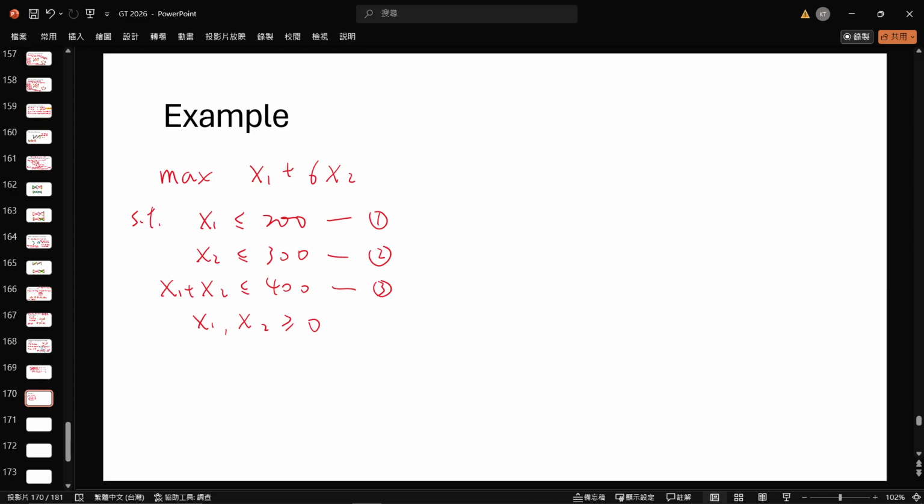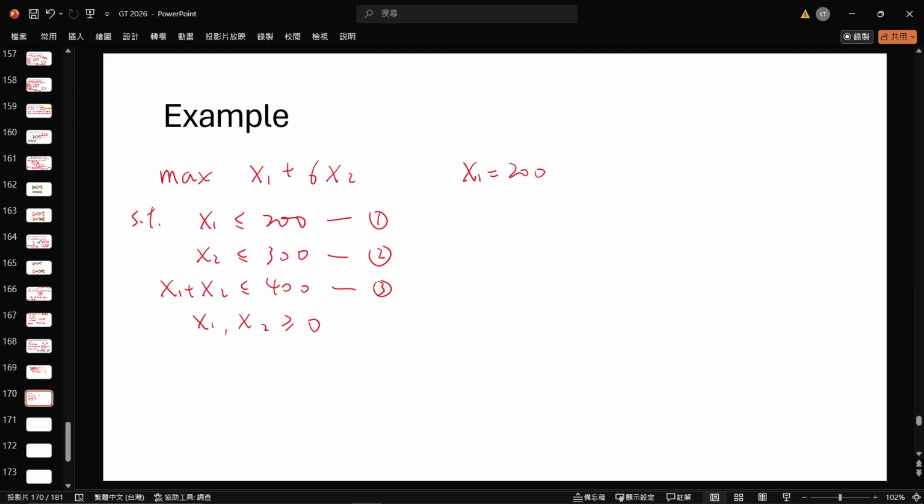Normally the last one is the non-negativity constraint, so in the following discussion, we mainly consider the first three constraints. All right. So let's first consider constraint 1. Constraint 1 says that x1 is at most 200. And since we want to maximize this term, I think it makes sense to set x1 to 200. Okay? So let's just set x1 to 200. Okay?